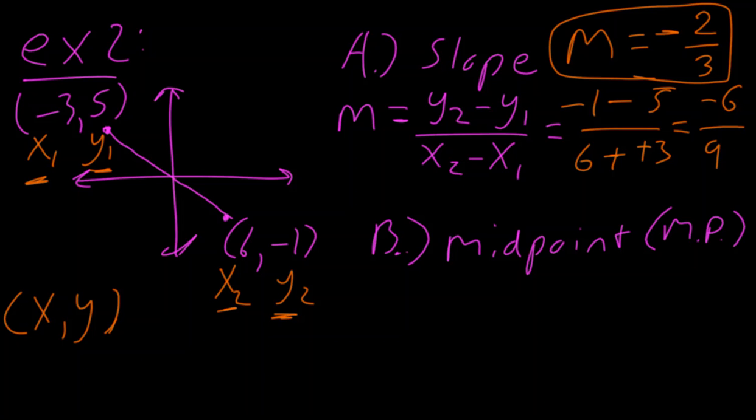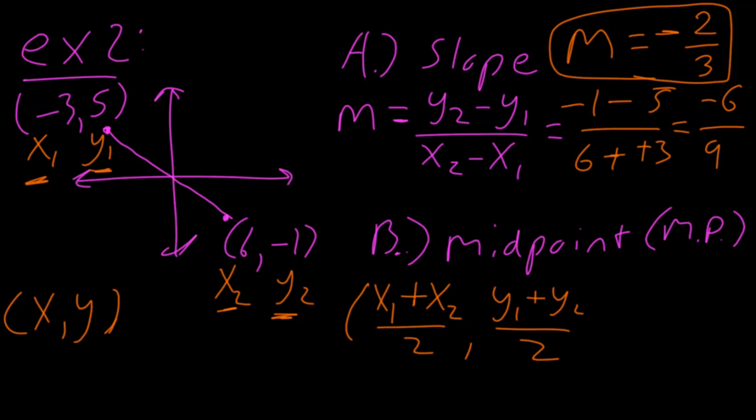But what about our midpoint? Well, we've already labeled it x1, y1, x2, y2, so let's just write our formula. Remember, for the midpoint, you add the x's, x1 plus x2 over 2, and you add the y's, y1 plus y2 over 2, and let's see what happens once we plug everything in.